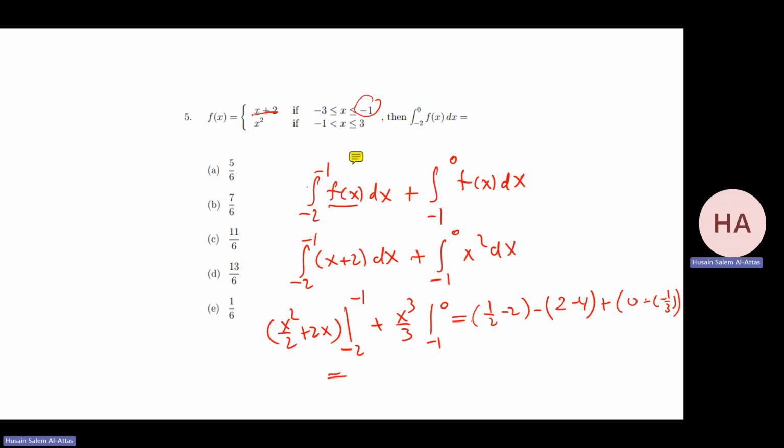So what are we getting? Half minus 2, that will be minus 3 over 2. Okay, plus 2, plus 1 over 3. This is half. So I have half plus 1 over 3, which is 5 over 6.